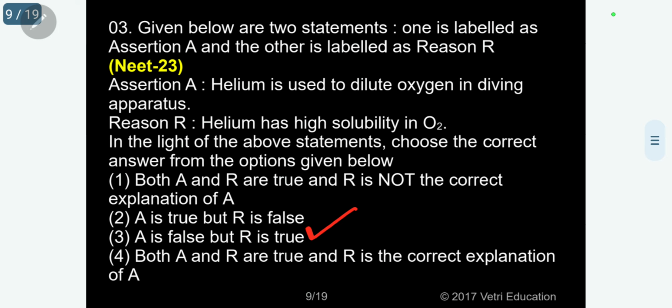When compressed air is used in deep dives, nitrogen forms decompression sickness due to high solubility of N2. Also, nitrogen narcosis is formed. So, the correct answer is: A is false, but R is true.